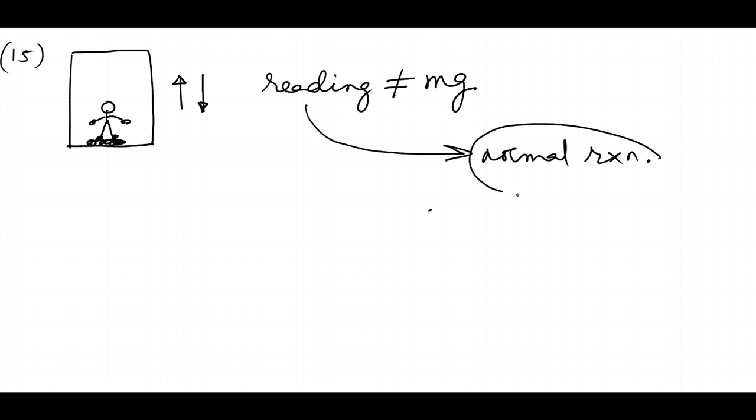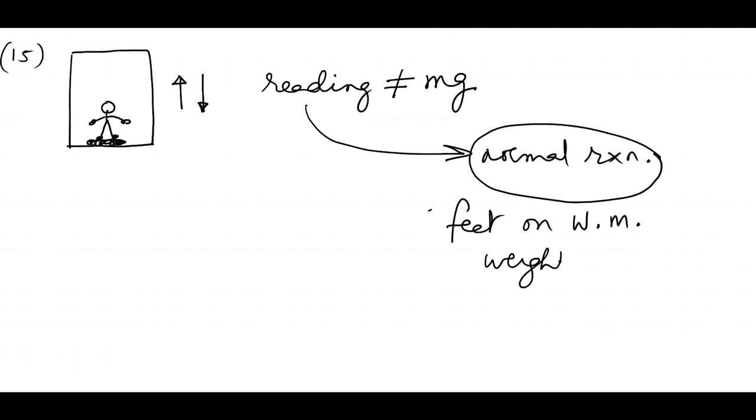It is this normal reaction, the force exerted by the feet of the person on the weighing machine, which the weighing machine shows as the weight of the person. In other words, the weight of the person as measured by the weighing machine is not the true weight, but we could call it the apparent weight.